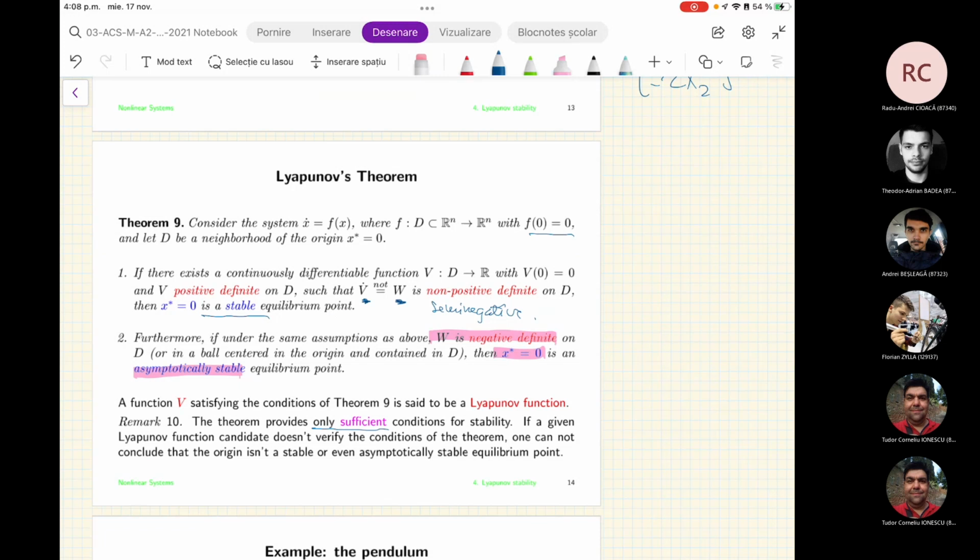You can see that this result is really powerful, and it's pretty much the only fundamental result that people use today in nonlinear control. There are variations and new stuff, but the fundamental result is this one.